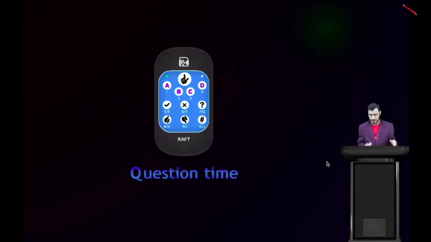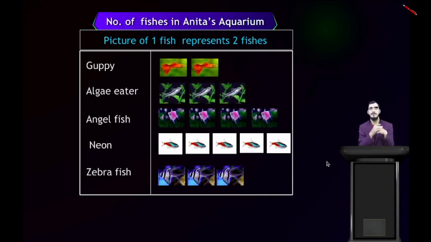Let's move to another part. Now here, the number of fishes in Anita's aquarium. The picture of one fish represents two fishes. You can see guppy, algae eater, angelfish, neon, and zebrafish. These are breeds of fishes.